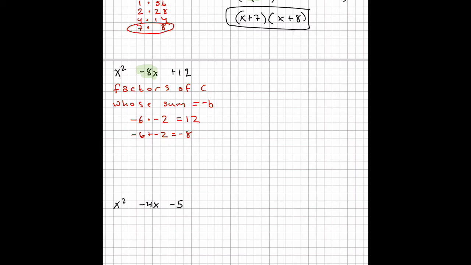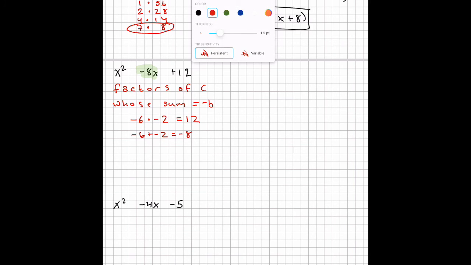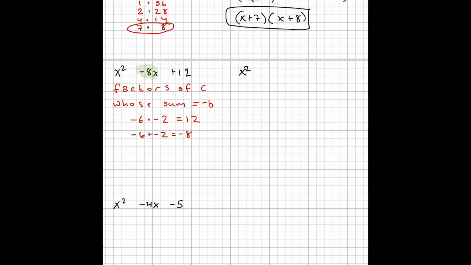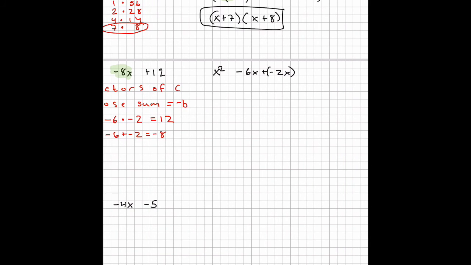So this part of the work requires maybe the most thinking. x squared minus 6x plus negative 2x plus 12. And now again, we can group these. And we can factor from there.